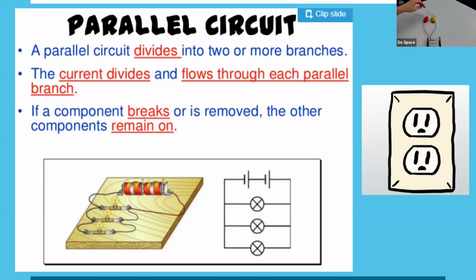Okay, I'm going to double check. This looks like it's the longer one, so I'm going to spread those legs out and stick them in just like that. Move that so it's a little bit easier to see. And then I am going to turn this on, and boom. So this is basically our basic circuit, right?